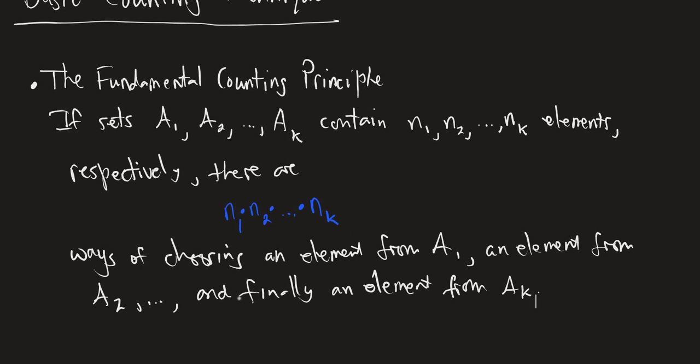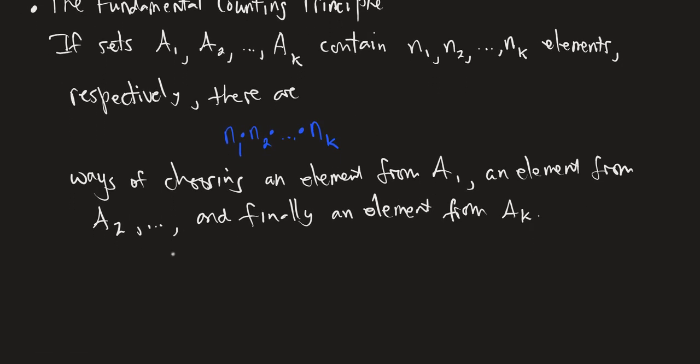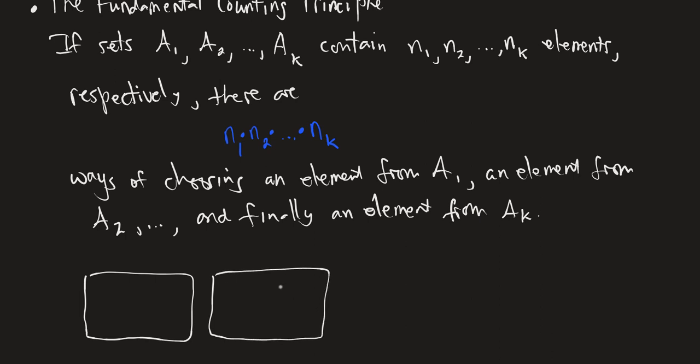And kind of visually what it is, let's say you have these sets. Now, I'm going to draw these as rectangles, right? So not necessarily the same way we use the rectangle to denote things in a Venn diagram, but it could possibly be that, and let's say this is A1, this is A2, this is A sub k, and we have n1 elements here, right?